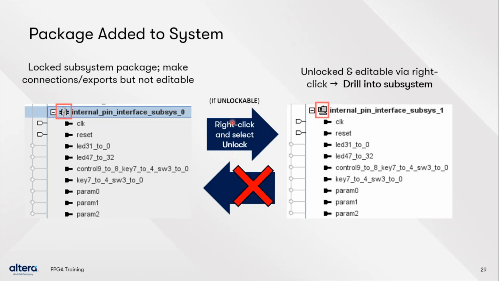So if they have made it unlockable, a user could right-click this and select unlock, and then it becomes a standard subsystem that you could go in and drill into, and edit and customize yourself. But the main idea is that it's basically a black box, but if the user doesn't need to know what's in the black box, it makes it much easier for them to make use of it in their system design.